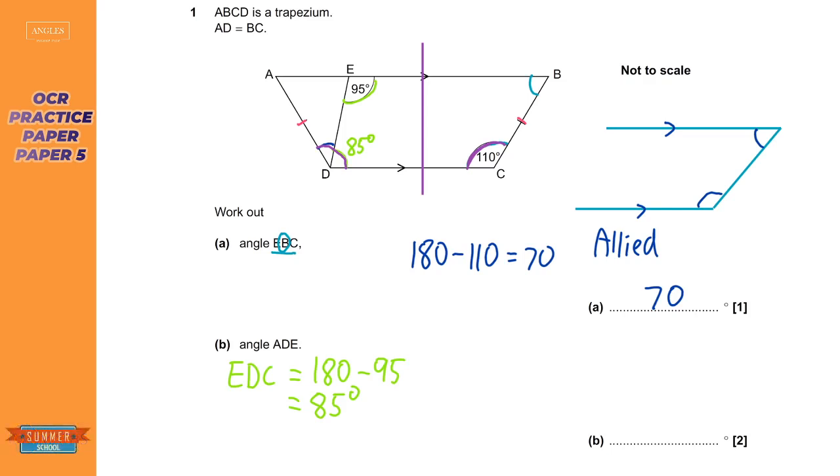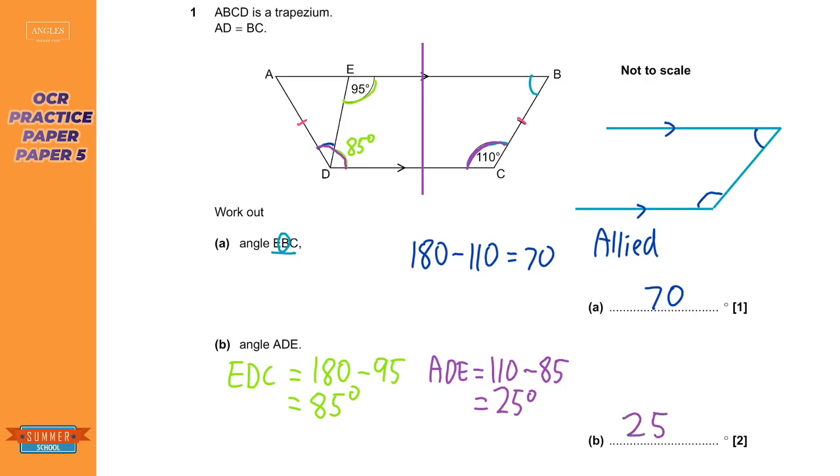So all we need to do to work out what ADE is, is we just need to do 110 take away 85, which is going to be 25 degrees. So my answer is 25 degrees.